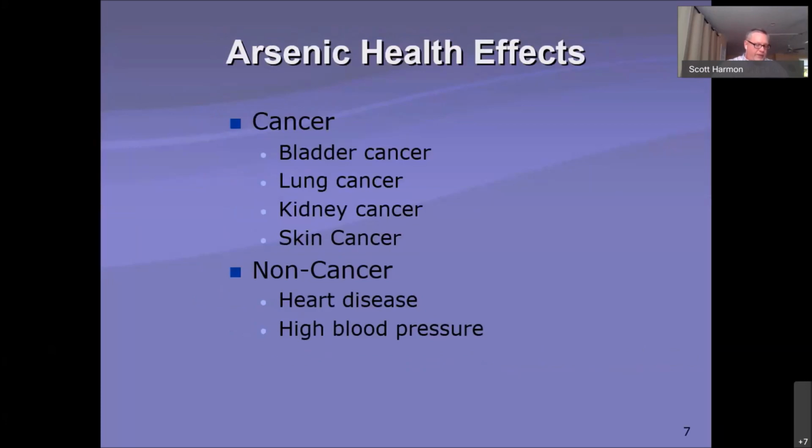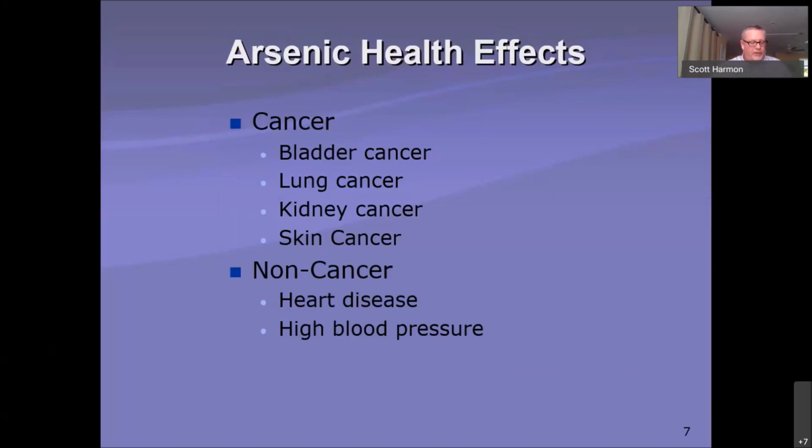So the video really did a good job of explaining some of the health effects that arsenic had in Victorian England. Arsenic ingestion has been linked to both cancerous and non-cancerous health effects. These include cancers of the bladder, lungs, skin, kidney, nasal passages, liver, and prostate.